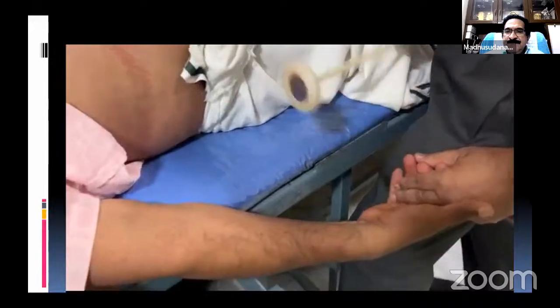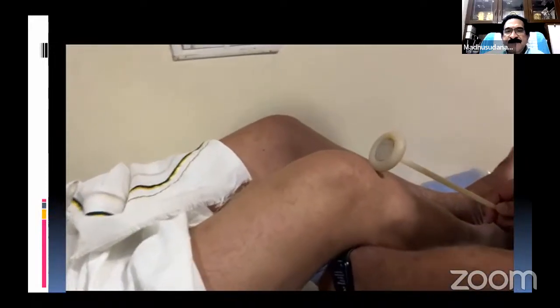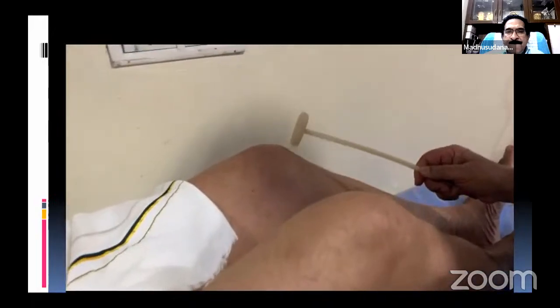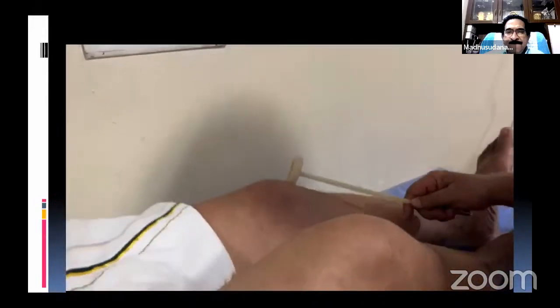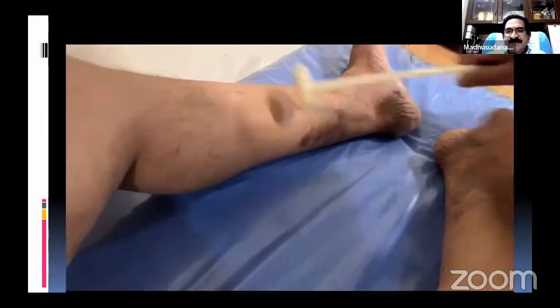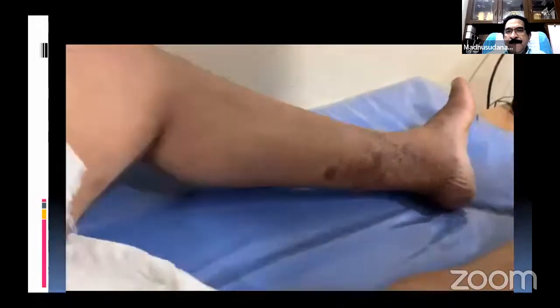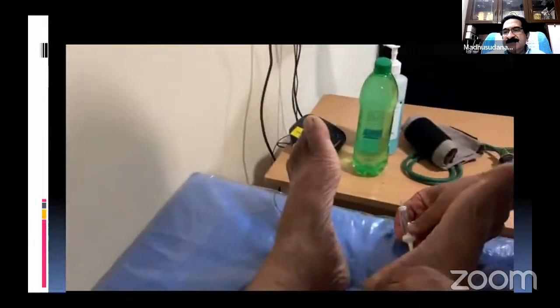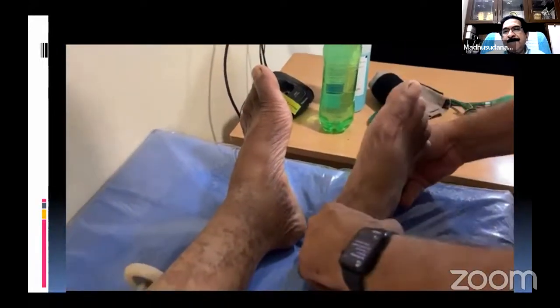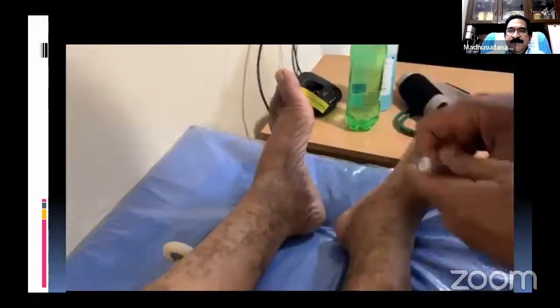Finger flexion I could not elicit. Knee jerks were brisk bilaterally. Ankle jerks were normally elicited, slightly brisk compared to the upper limb, but compared to the knee, it is less. And the plantars were upgoing bilaterally. Touch sensation was normal throughout.